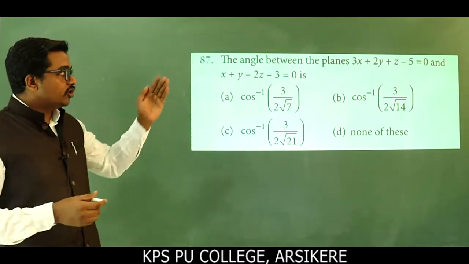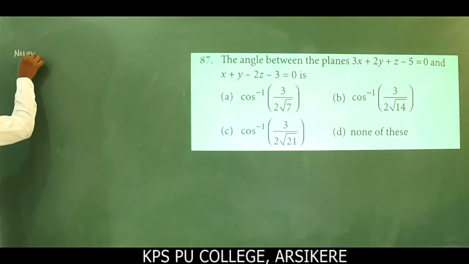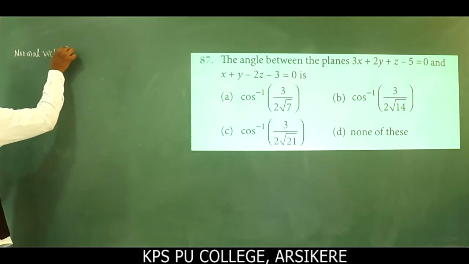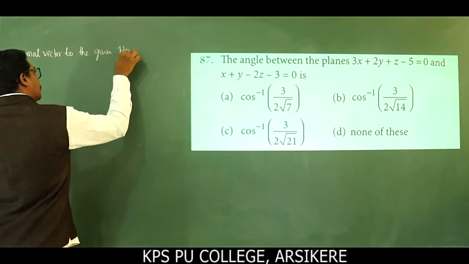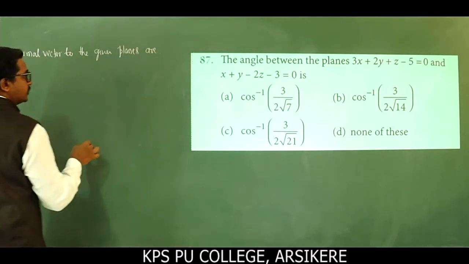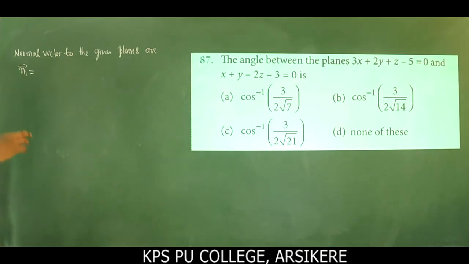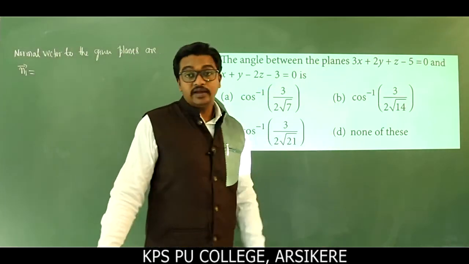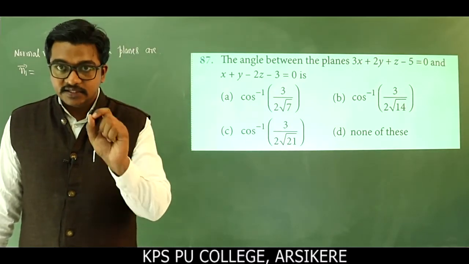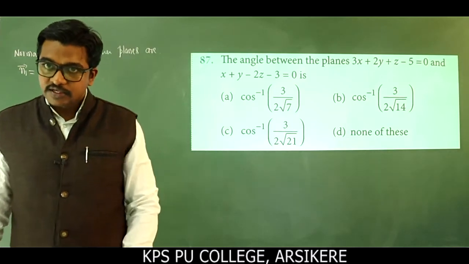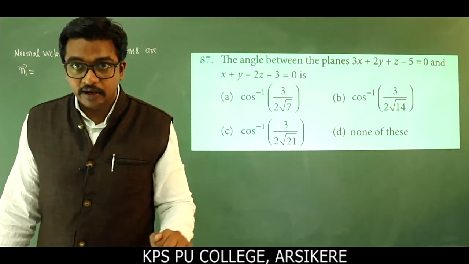So here we have to find the normal vectors to the given planes. The first one we will take as n1, which is nothing but the coefficients of x, y and z. Remember the equation of the plane, ax + by + cz - d = 0, where a, b and c are the direction ratios of the normal vector to the plane.